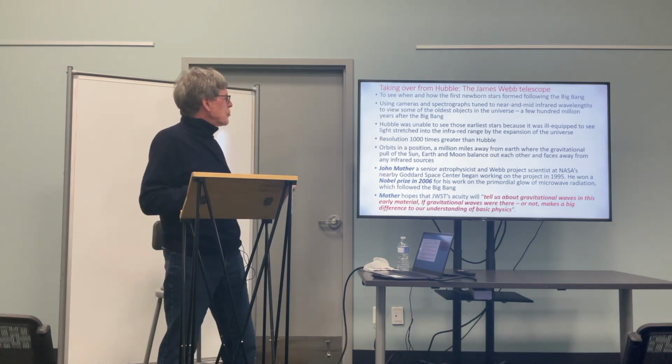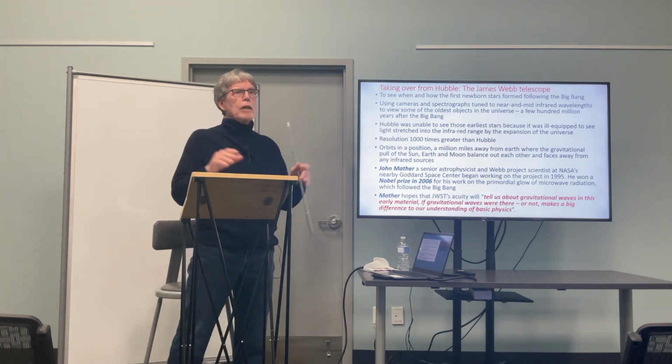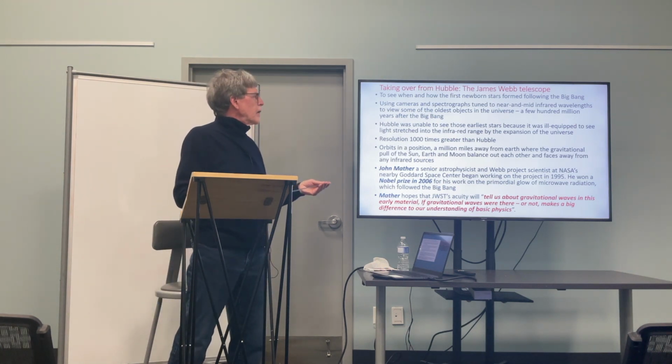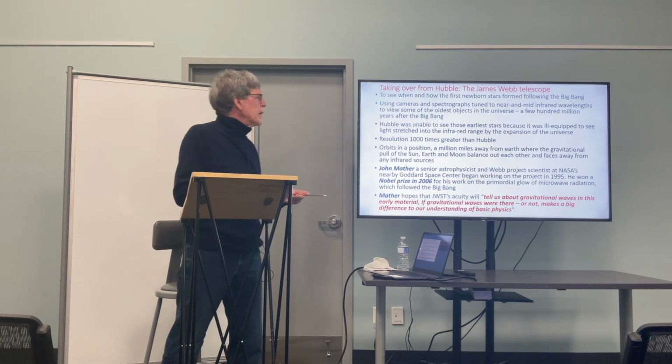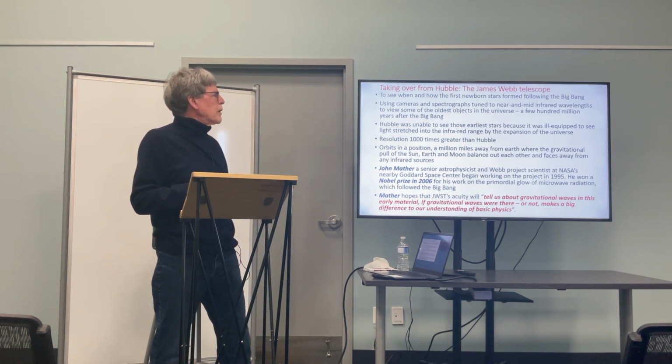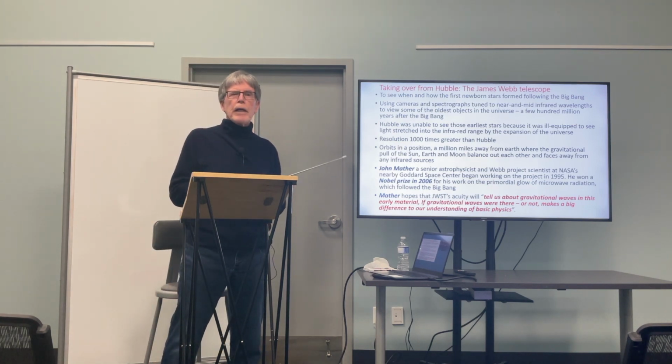It's interesting, the person who ran it, John Mather, is a senior astrophysicist, who got a Nobel Prize in 2006 for his work on that primordial afterglow after the universe began, after the Big Bang, which developed about 400,000 years after the Big Bang.